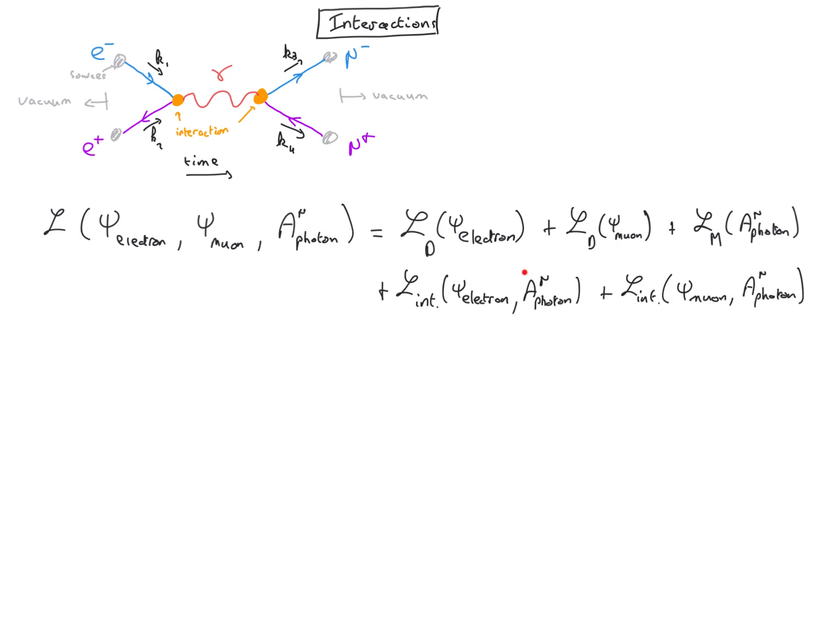Eventually we will see the explicit expression for these interaction Lagrangians when we will introduce quantum electrodynamics. But for now we are focusing on a simple interaction Lagrangian, so we will forget the complexity coming from the non-zero spin nature of these fields, and we will use a simpler version for scalar fields.